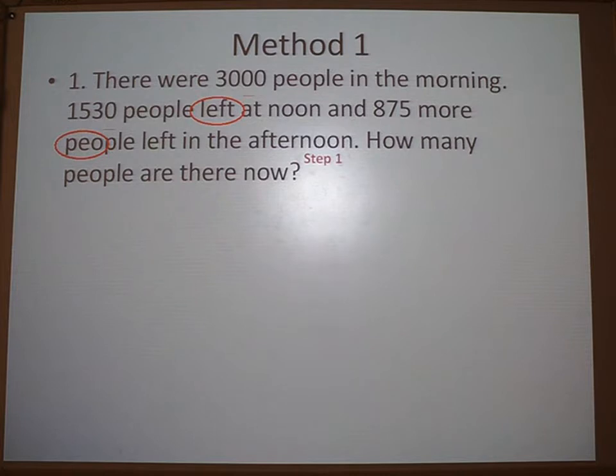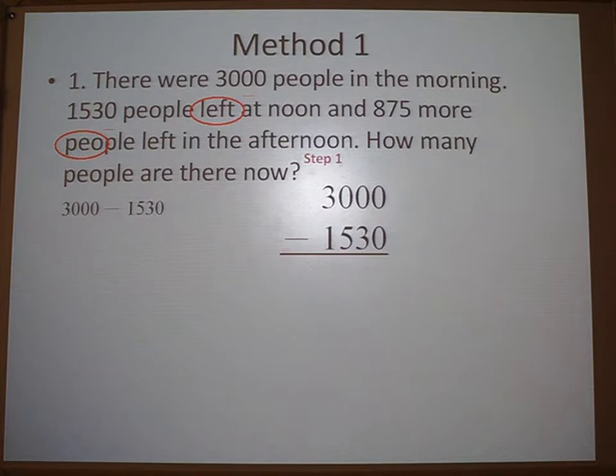Step 1. We need to find out the number of people at noon first. Therefore, we write 3,000 minus 1,530. So in the column form, it will be 3,000 at top and then minus 1,530.